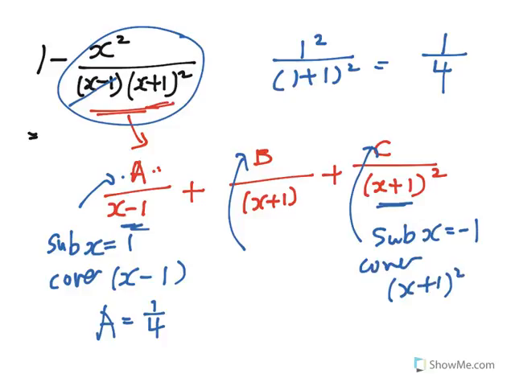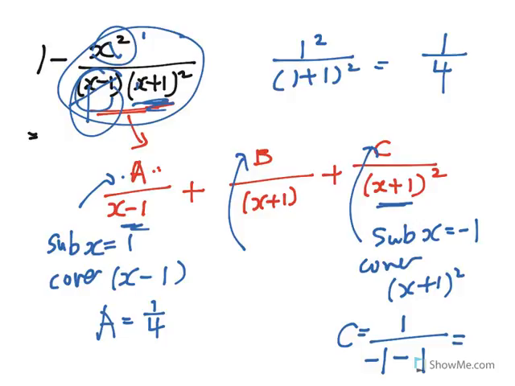Cover means you always cover what you substitute. You get c equal to 1 over -1 minus 1, which is 1 over -2.